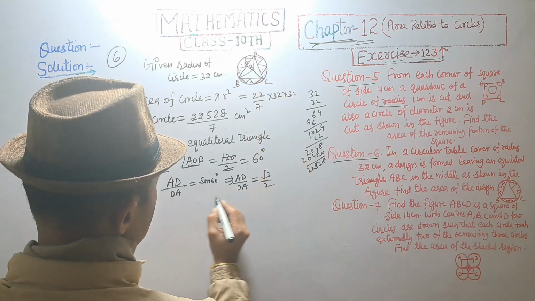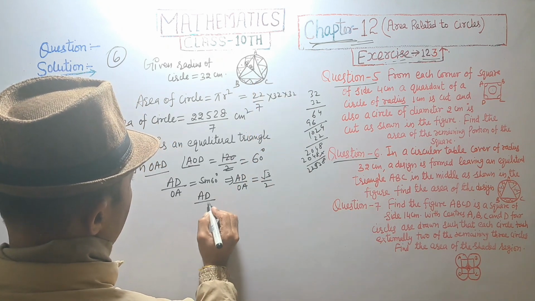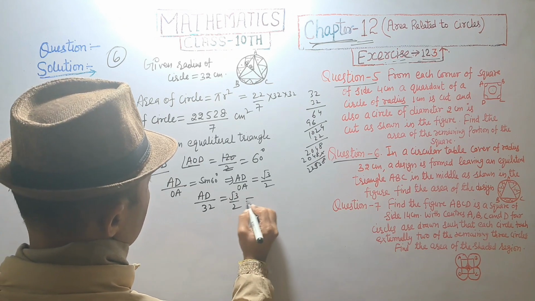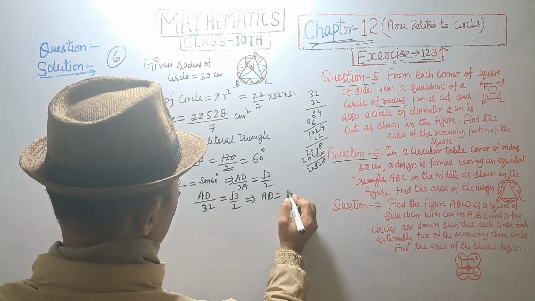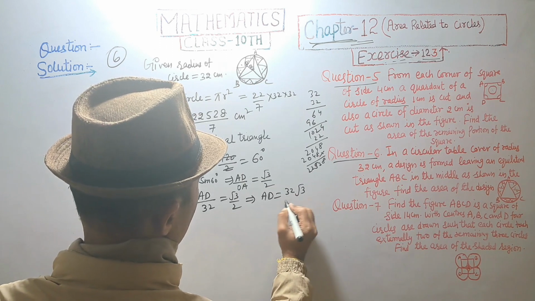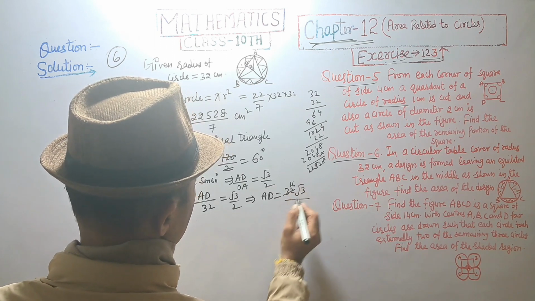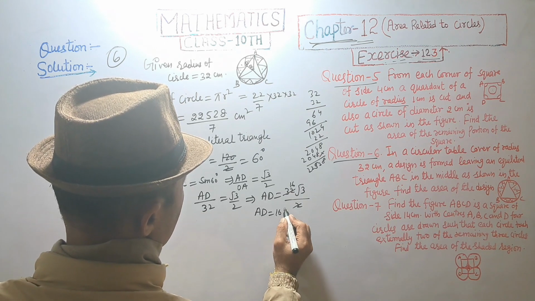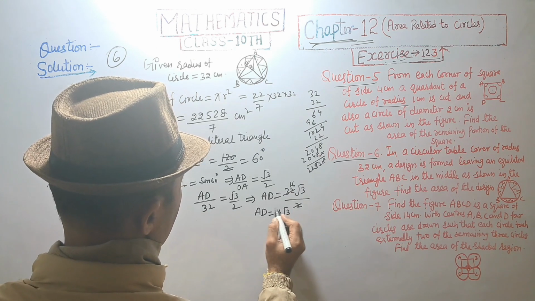OA is radius. AD divided by radius 32 is equal to root 3 divided by 2. This implies AD is equal to 32 root 3 upon 2, that is 16 root 3.